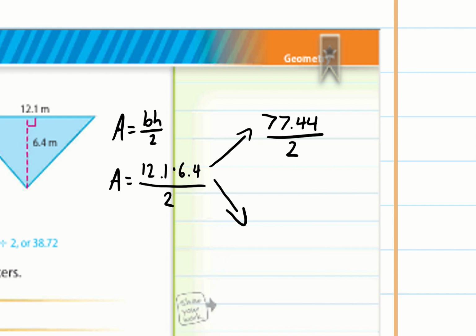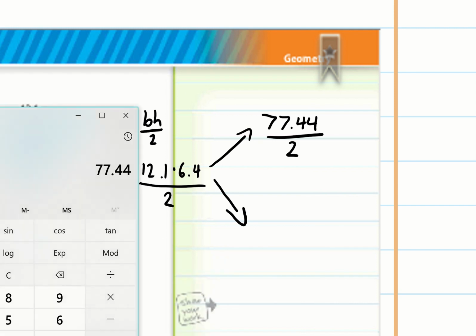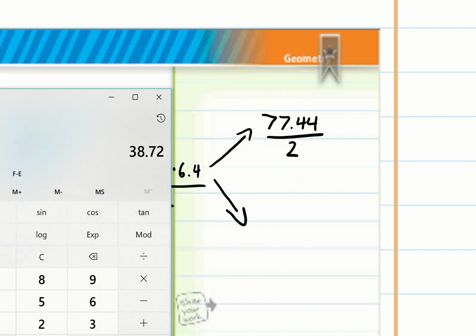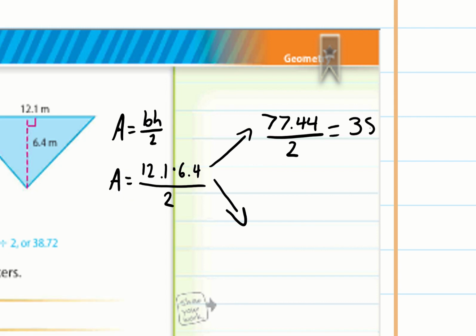And that's going to equal, divided by 2, 38 and 72/100. Equals 38 and 72/100 meters squared. Don't forget the units.